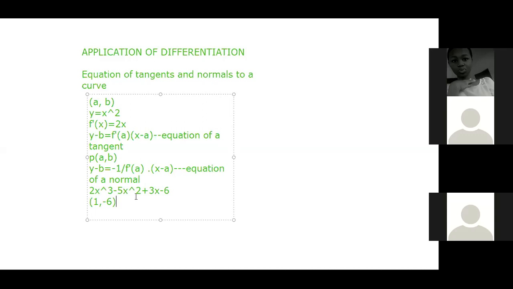So number one, this is your equation. In other words, f of x is equal to this, and you have the point. Looking at it, this becomes our a and this becomes our b. I hope you are getting it.